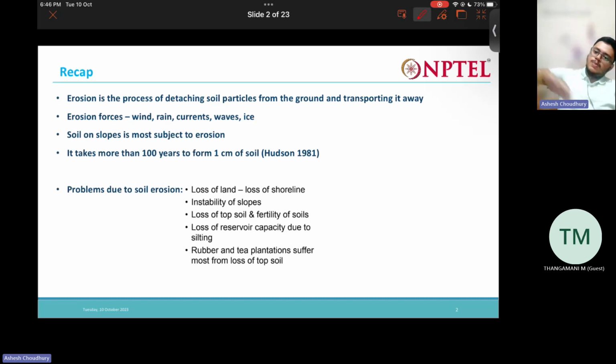If there is heavy rain, the topsoil gets eroded and washed away very easily, and the topsoil is generally very fertile. Somewhat, these plants hold the soil, but if the water forces are too high, it gets washed away. Then it is a problem.